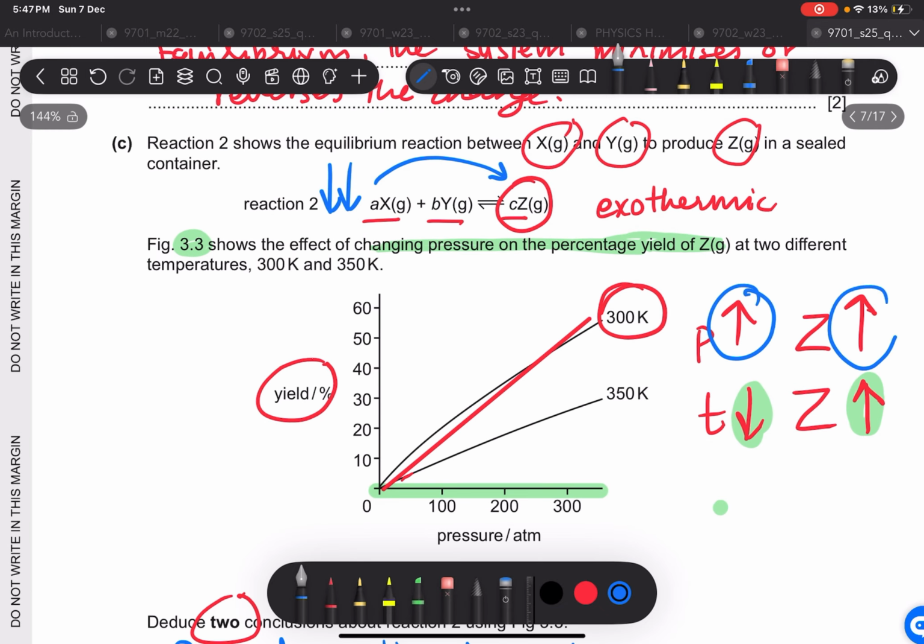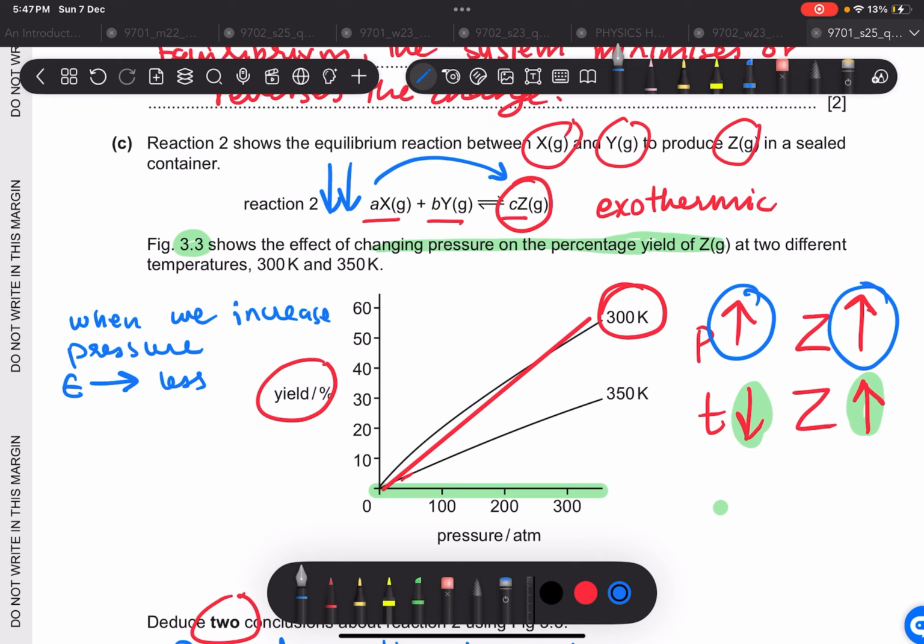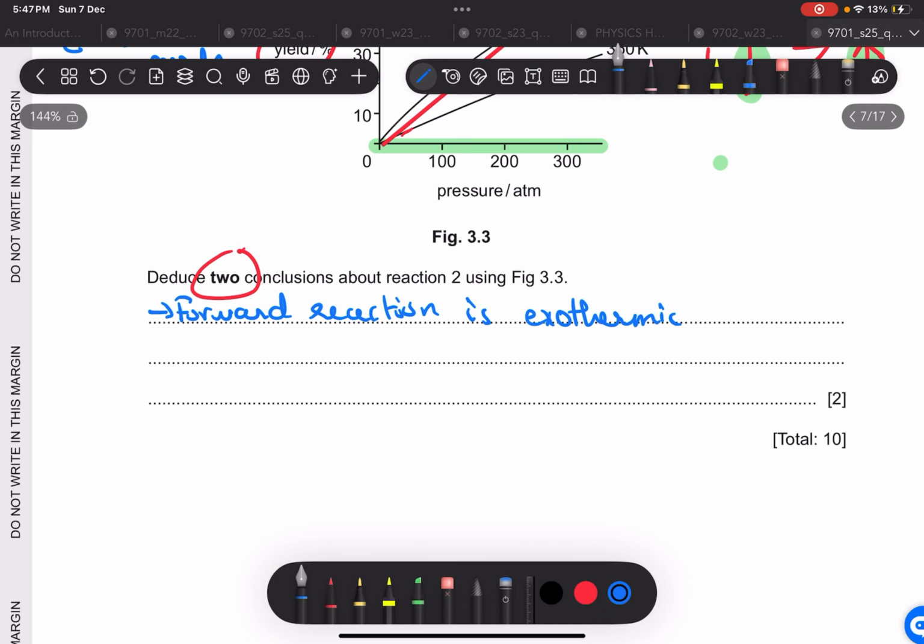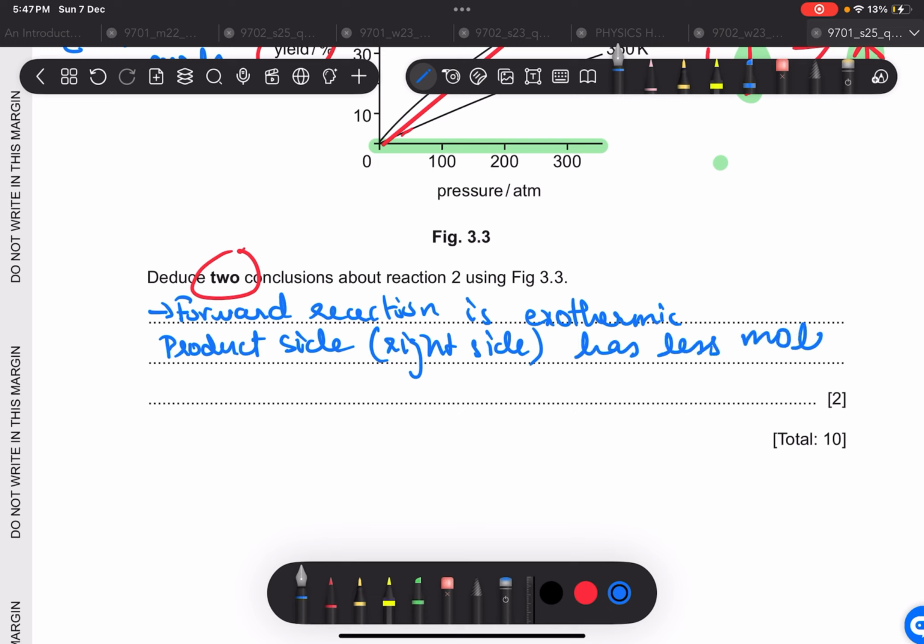Increasing pressure increases Z. And you know that whenever we increase pressure, the equilibrium moves towards the side that has fewer moles. You should know this. So we know that the product side, or the right side, has fewer moles compared to the reactant side.